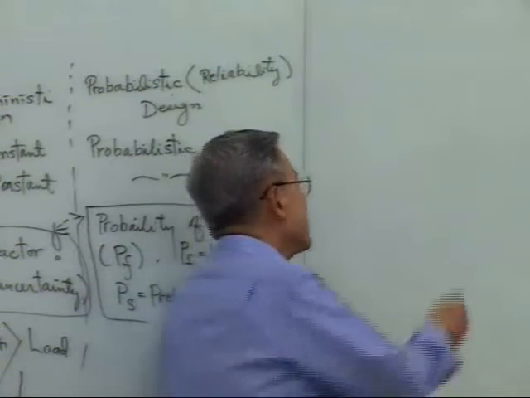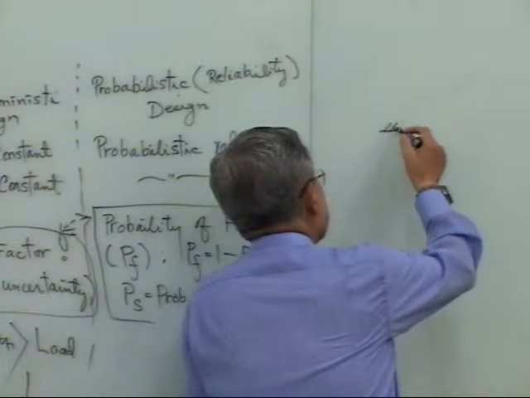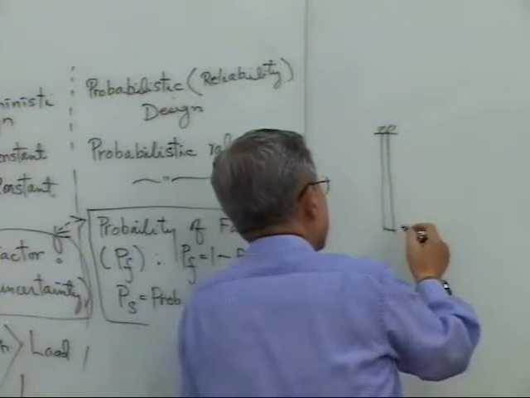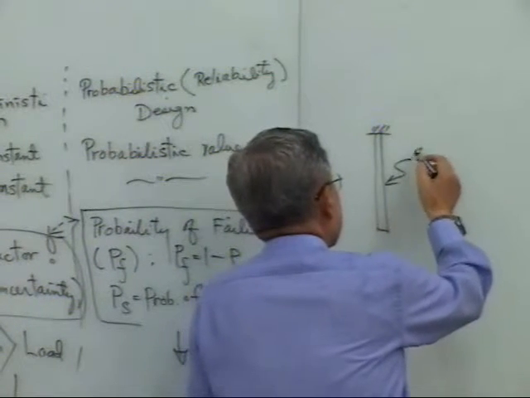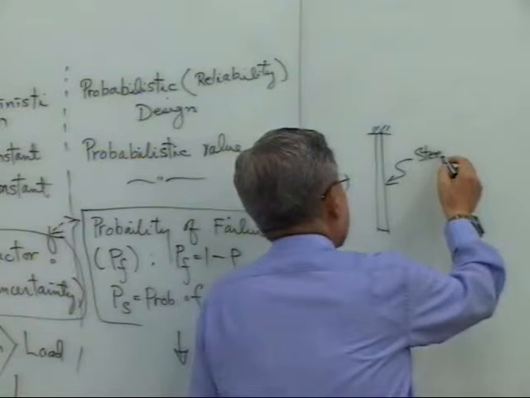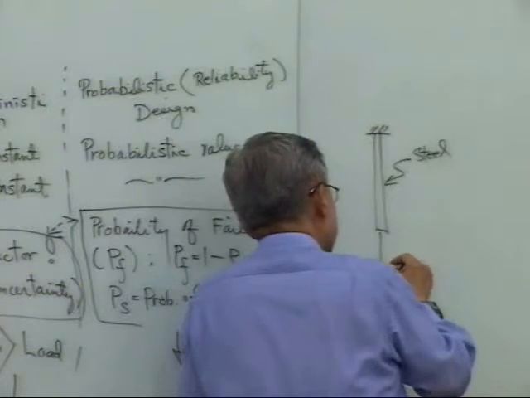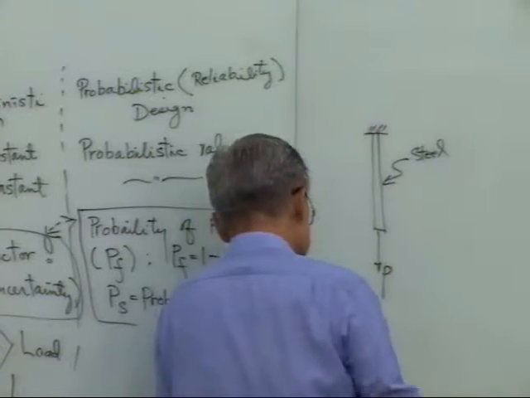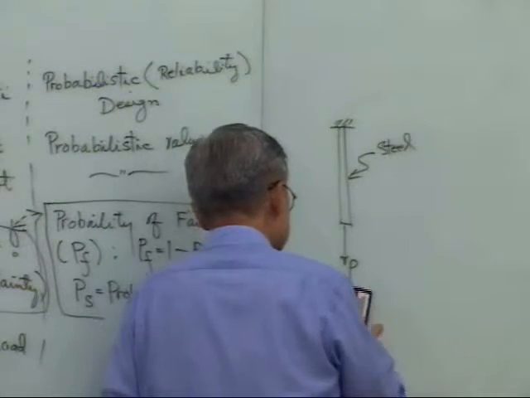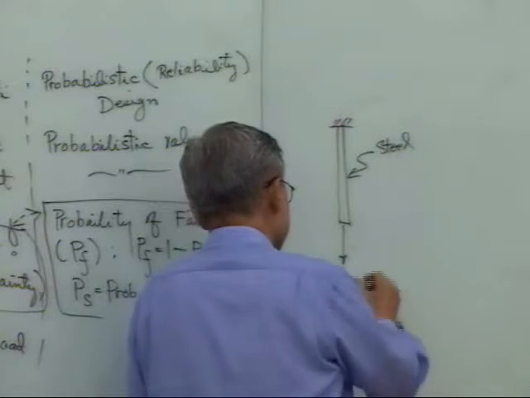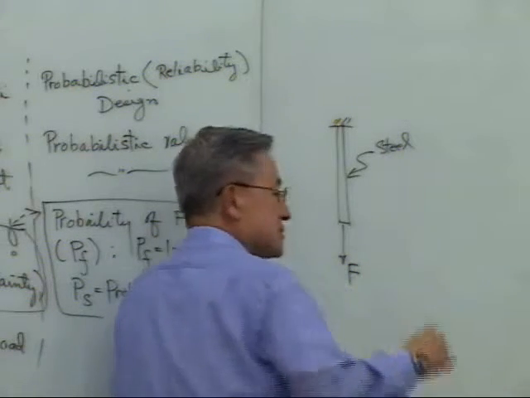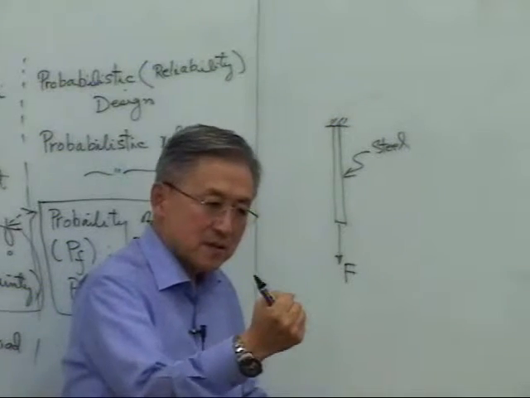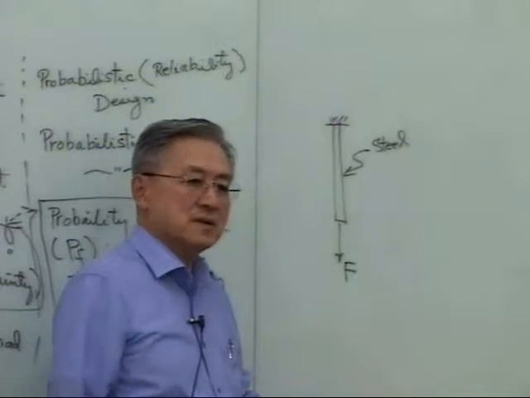If it's simple, this is a bar, maybe a steel bar, then you can have loading P. I'm using P as a probability. So force, like a sinusoidal force, or simple tension loading, given tensile loading.